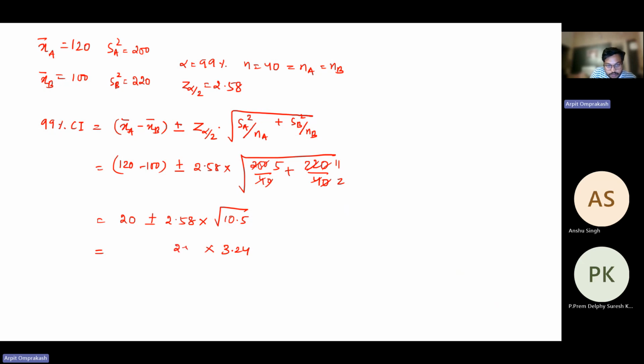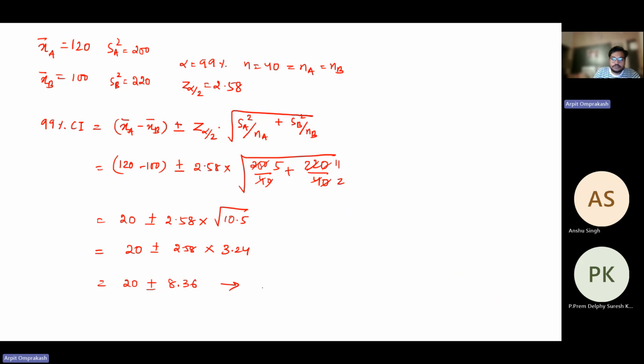So this is 2.58 into 3.24, which is 8.36, giving 20 plus minus 8.36.